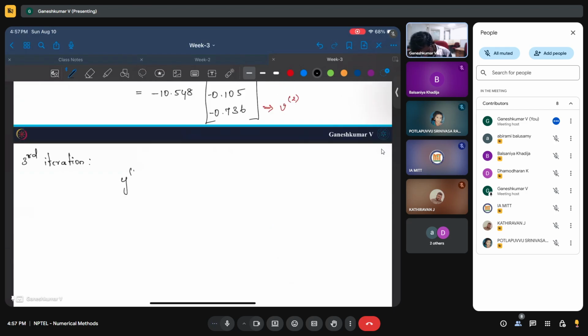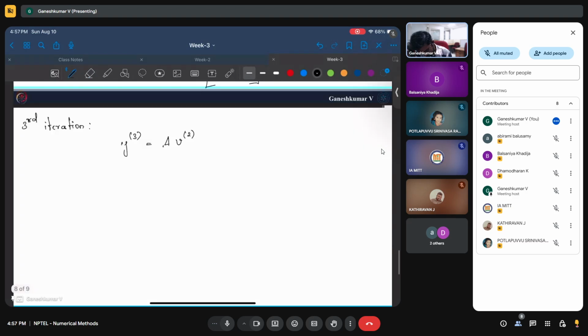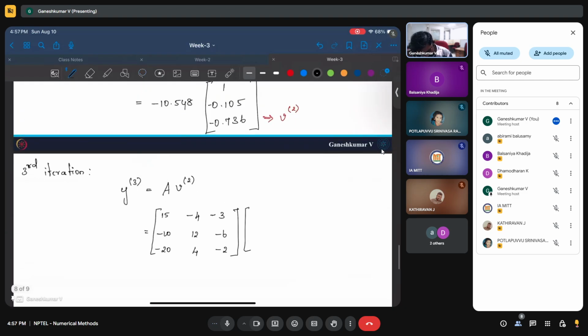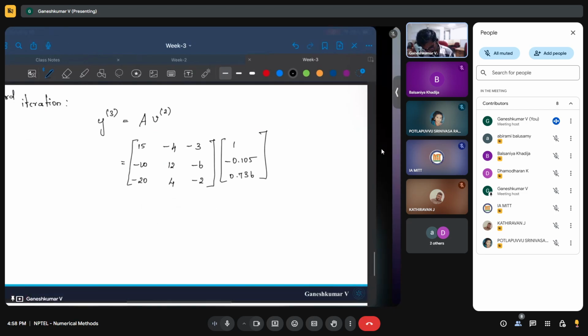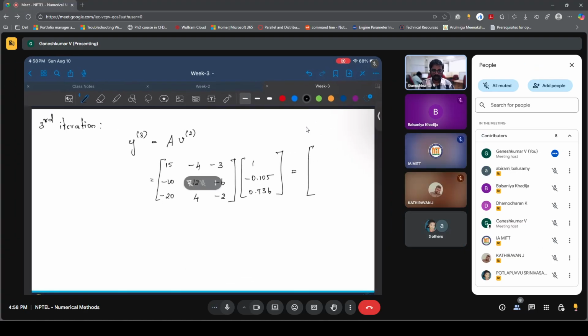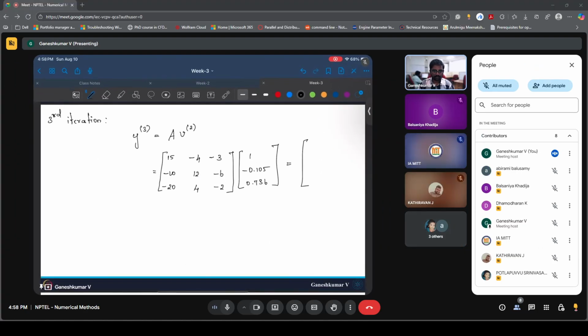So y of 3 is A times v of 2, A times 0.105, 0.736. Okay, so what is this going to be? Okay, this is going to take a lot of time.